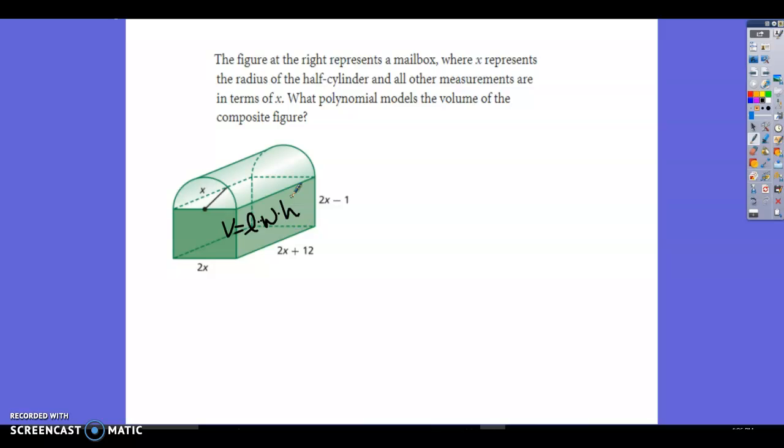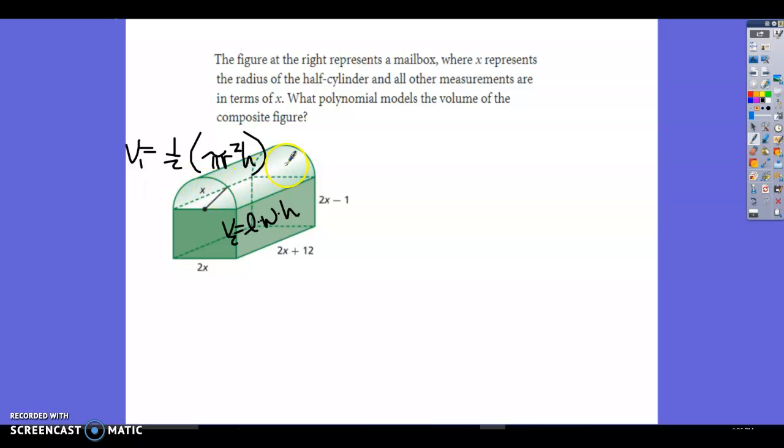And the volume for a cylinder is pi r squared h, but because we only have half a cylinder, we're just going to do half of that. So we've got the volume, we'll call it volume 1 up here, and then volume 2 is the rectangular shape down here.